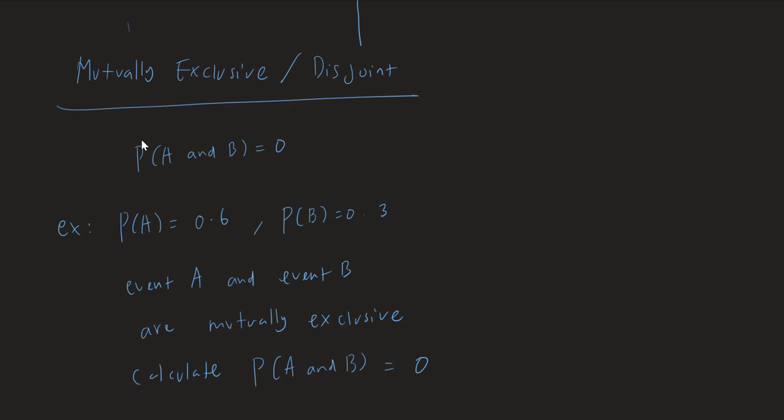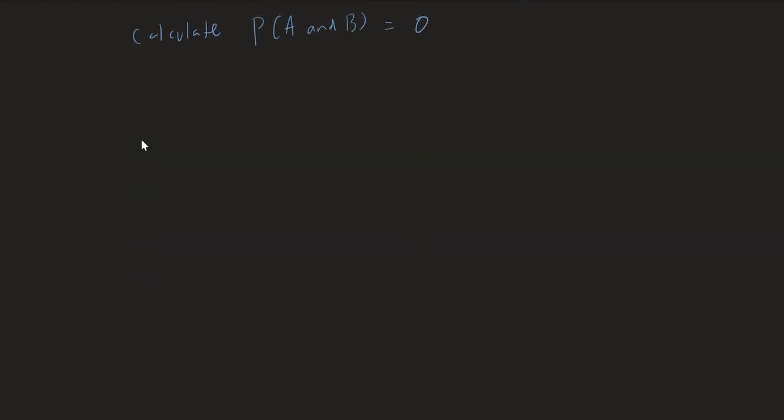Okay, I will show you using a Venn diagram. So I understand that when you see mutually exclusive, P(A or B) is equal to 0. No. I will show you. You need to memorize the union rule.